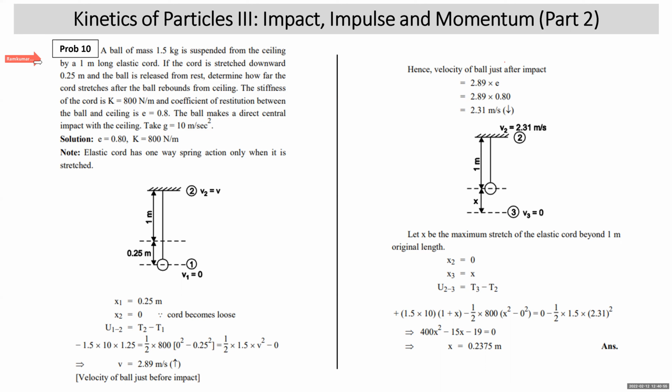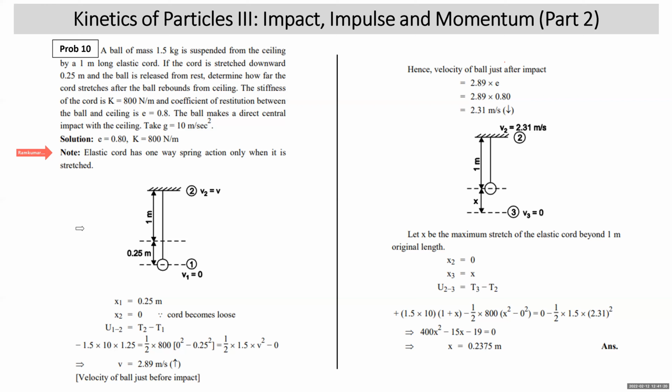So now let's come to the solution part. e is given as 0.8, K is given to us as 800 Newton per meter. Let's first understand what an elastic cord is. I have written it also as a note on the side. An elastic cord has one-way spring action only when it is stretched.